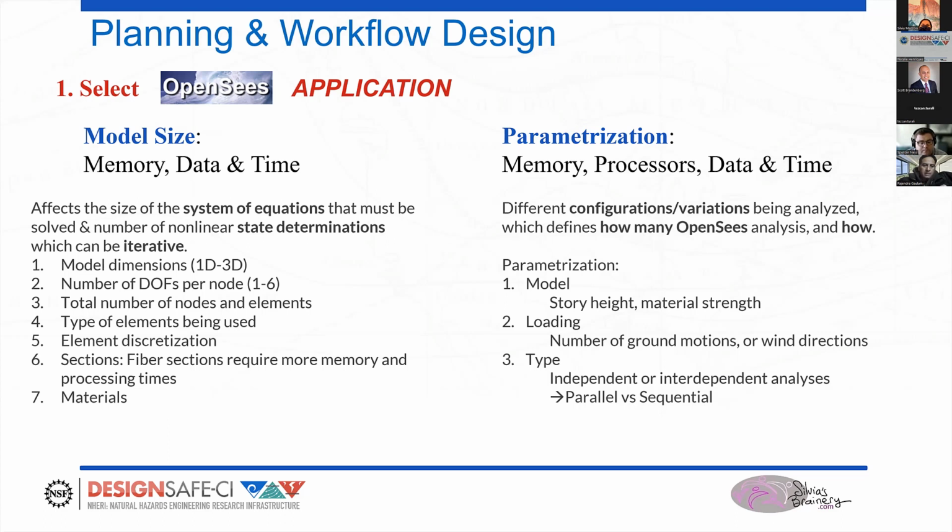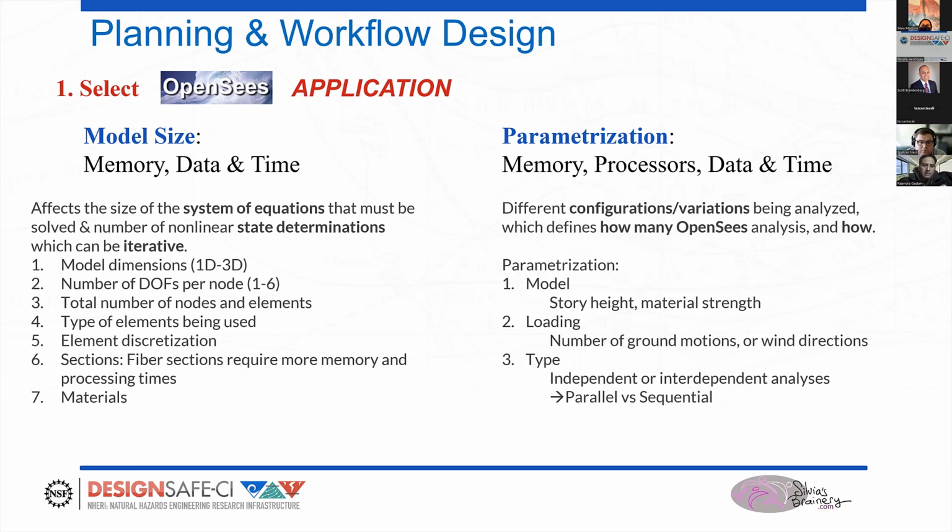And then the other important thing to keep in mind is what type of parametric analysis are you doing? Are your analyses independent of each other, or are they interdependent? Because if you have an analysis like an optimization solution, then the results of one analysis are dependent on the results of another. And so now you may need to run some analyses in sequence while you can run some other analyses in parallel.